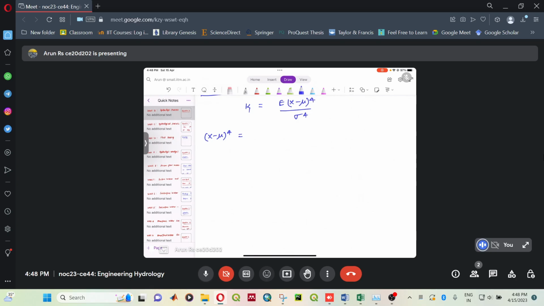So for that we need to know what is a minus b the whole power 4. A minus b the whole power 4 is given by a power 4 minus 4a cube b plus 6a square b square minus 4ab cube plus b to the power of 4. So we are just going to apply it for x minus mu the whole power 4.